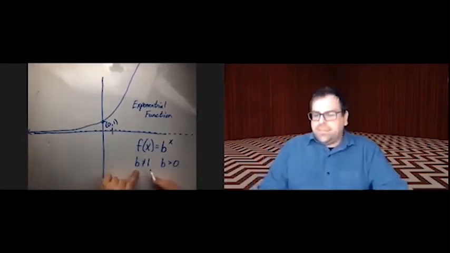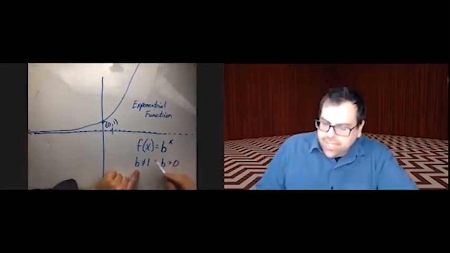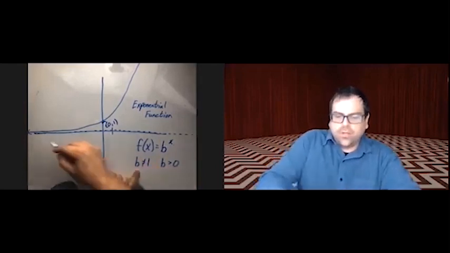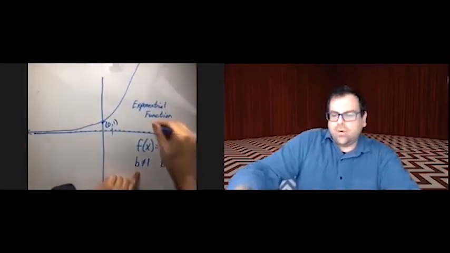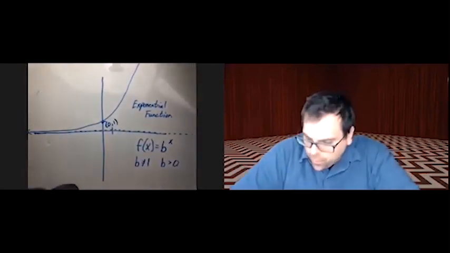The reason b, our base, can't be 1 is because 1 to any power is 1. It wouldn't look like this. It would be a horizontal line through 1.